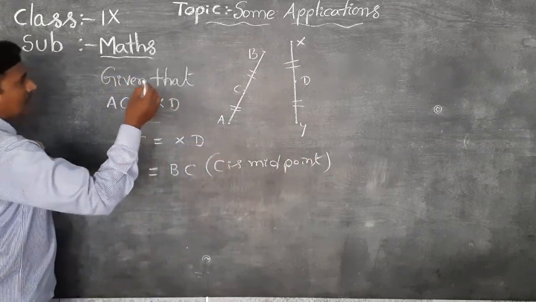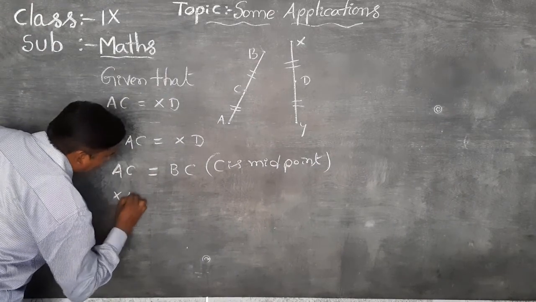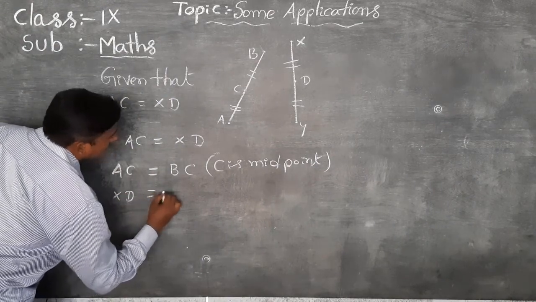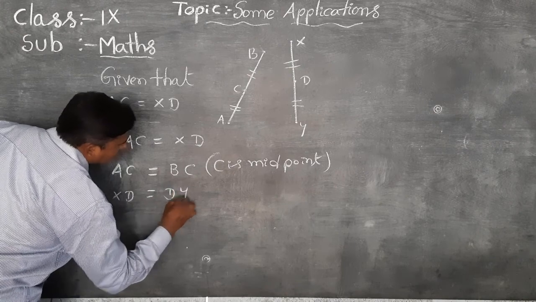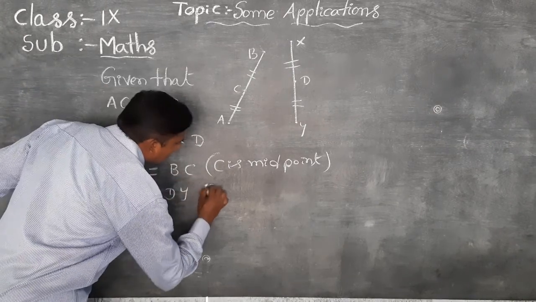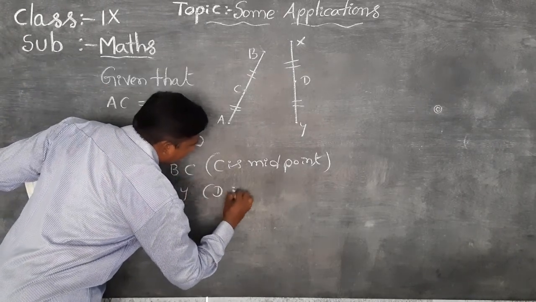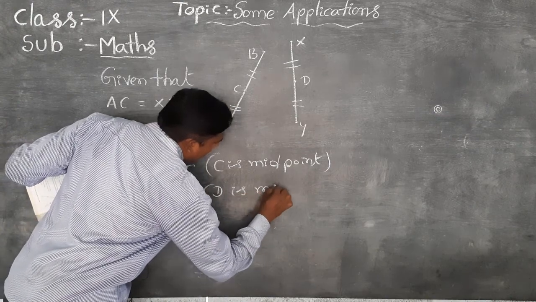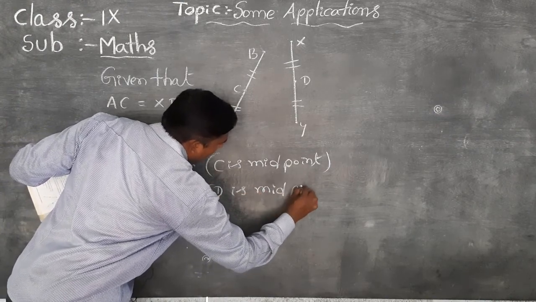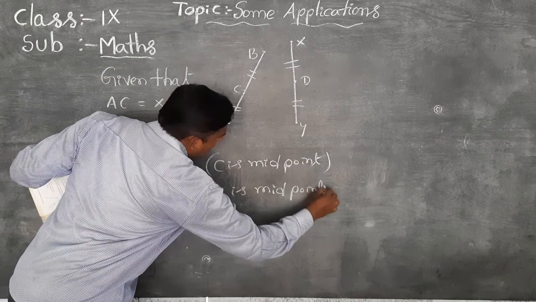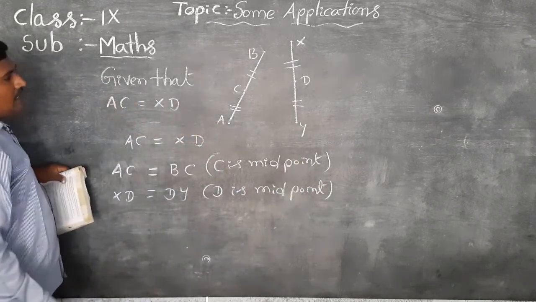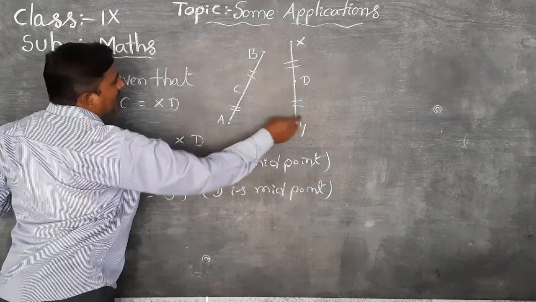Like that only, here also XD is equal to DY. Why? Because D is the midpoint of XY.